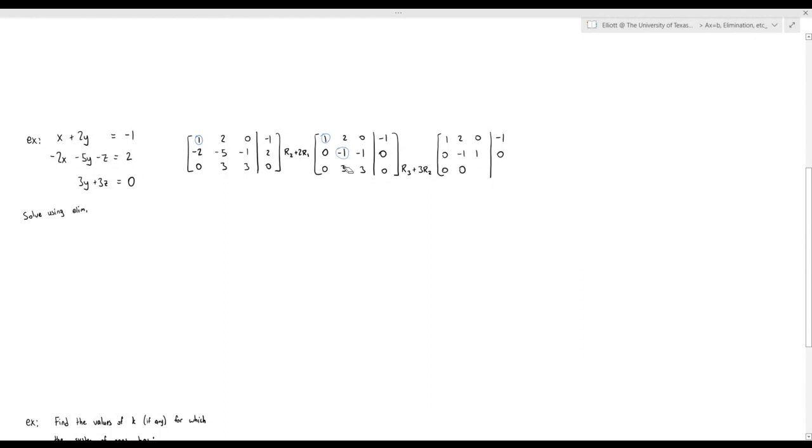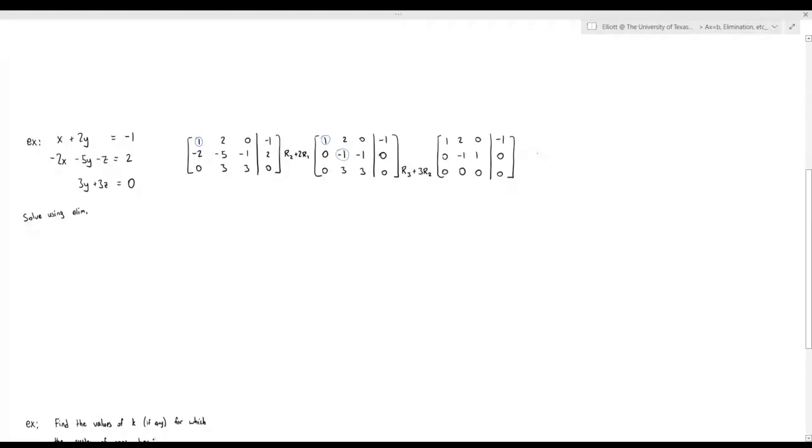Now when we do row 3 plus 3 of row 2, you're going to get 3 minus 3 is 0. 3 minus 3, so 0 again. And then we have a 0 plus 0, so 0. Okay. So this is in the upper triangular form now.